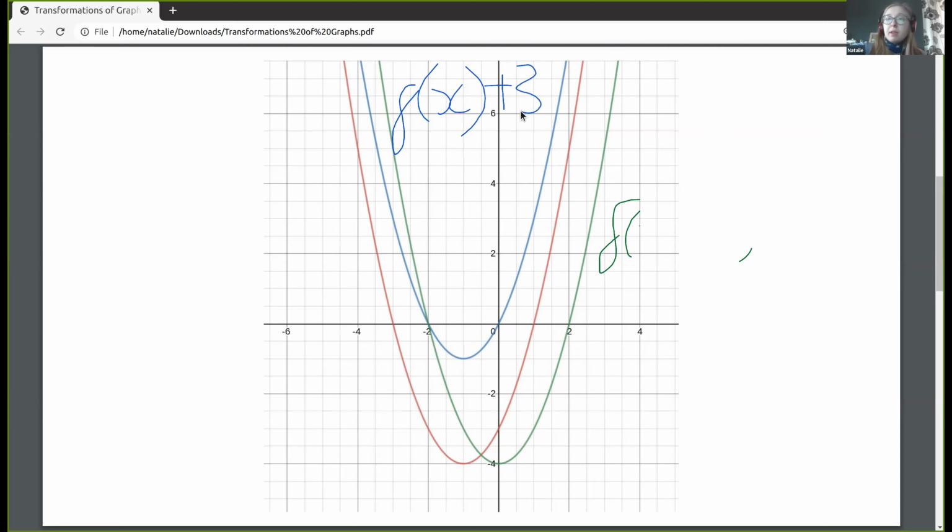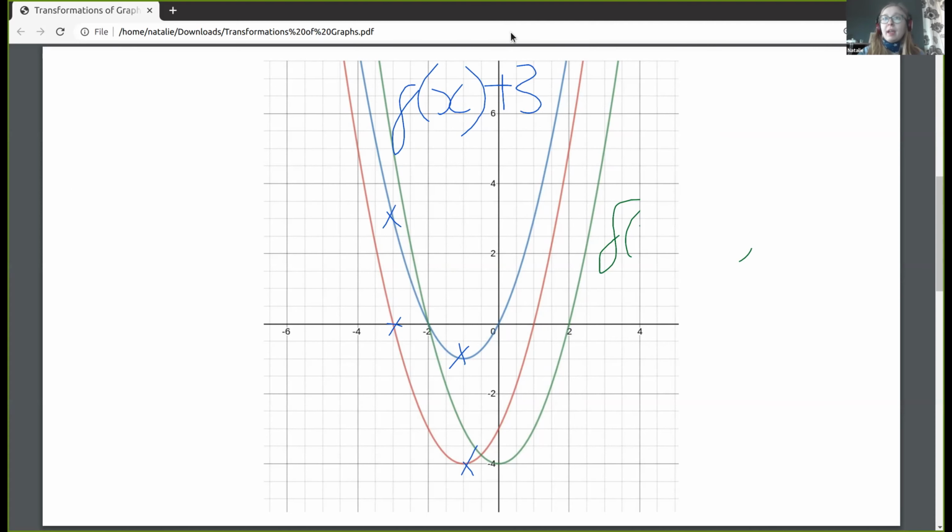We can see that because the minimum down here has moved up 1, 2, 3 spaces. And these points here have moved up 1, 2, 3 spaces. And so everything has shifted up by 3.